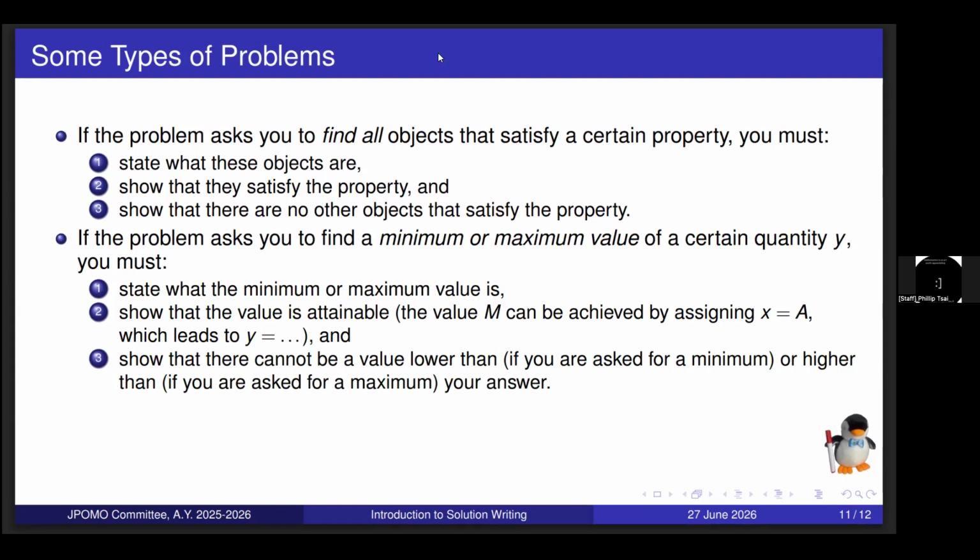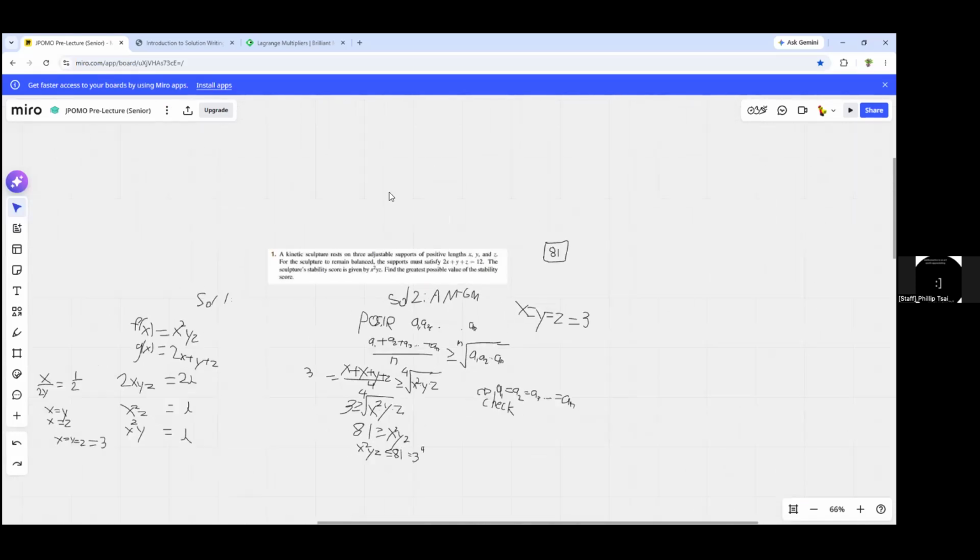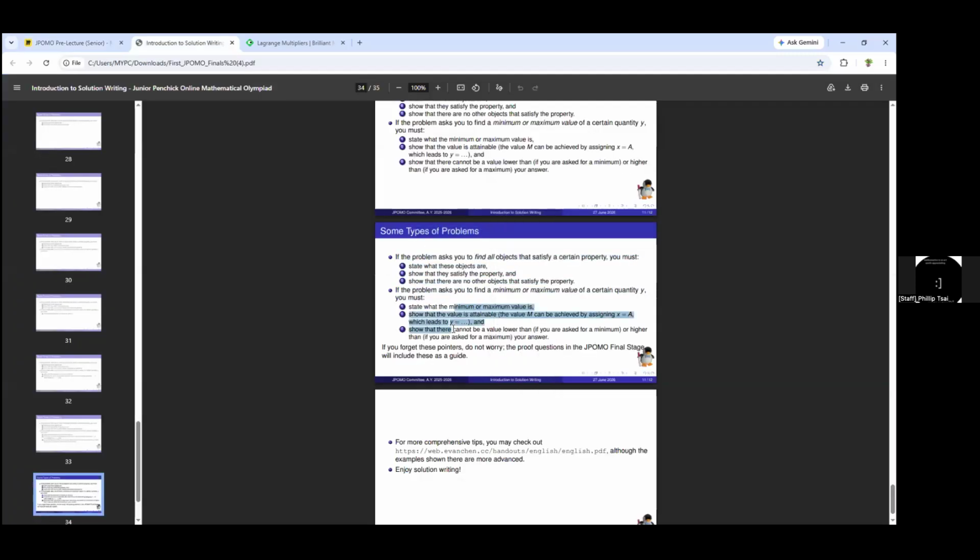Actually, we already have an example of this type of problem, but it's not a proof problem. But even then, we still showed it, which is in this case problem number one. So what should we find?